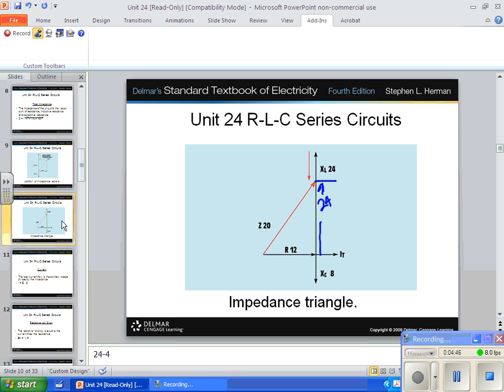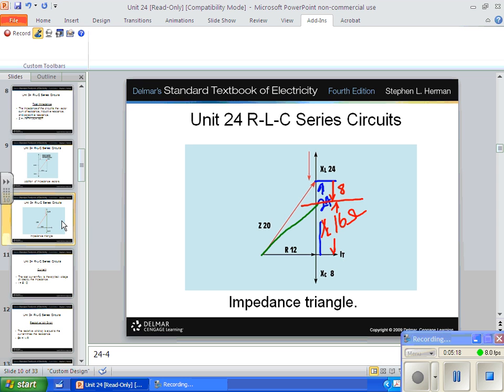They're exact opposite in phase. What's 24 minus 8? 16. We still have X sub L, right? Because our X sub C is smaller. Everybody agree with that? So now we have a new triangle.